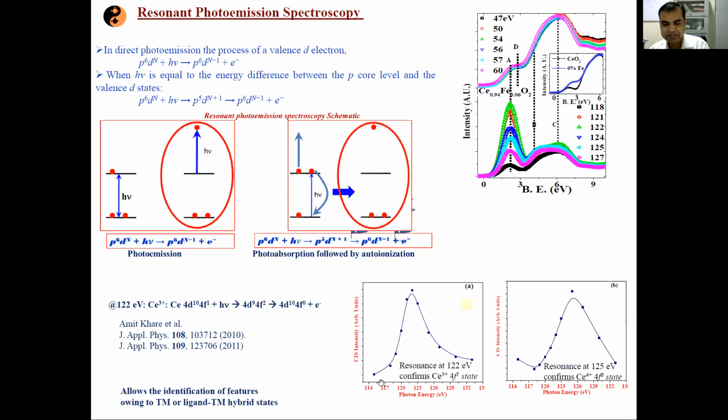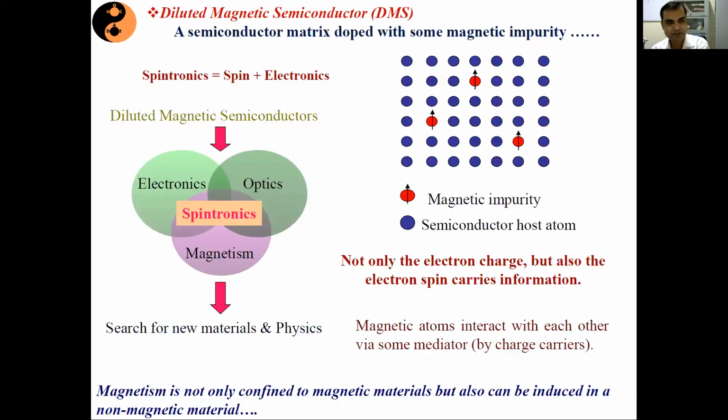Because it is understood that when you have a good hybridization with the ligand, then this intensity maxima is followed by an anti-resonance at lower photon energy. So if you have an anti-resonance also, that gives us information whether the transition metal element has a proper hybridization with the ligand, or what is the strength of that ligand transition metal hybridization.